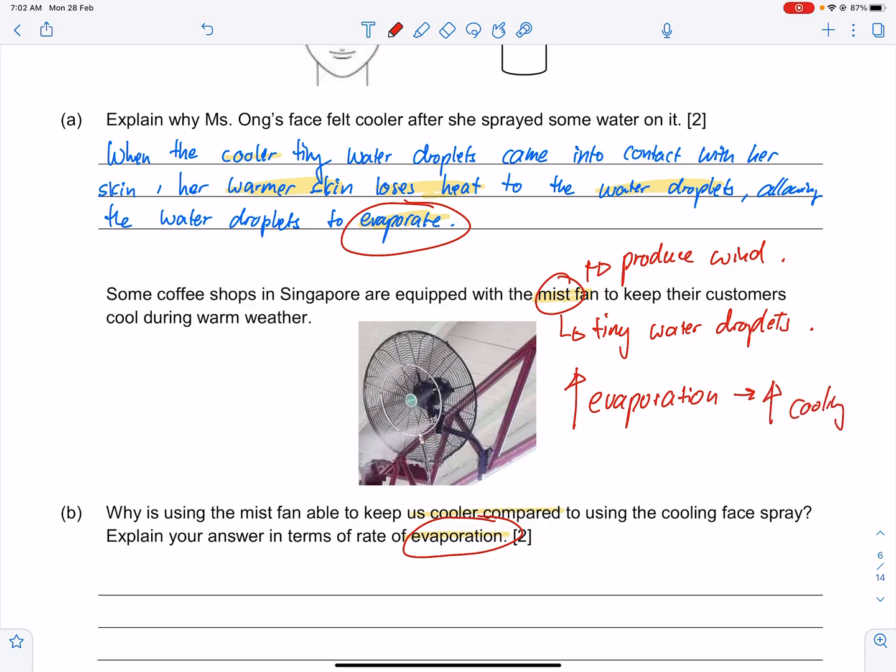Sorry, I meant to say the wind is actually a factor that increases the rate of evaporation. So you remember your WET? So in this case, we're talking about your wind here. By having this additional wind factor, it will increase the rate of evaporation so that more water droplets can then evaporate. Okay? Which then allows the water droplets from your fan to gain heat.